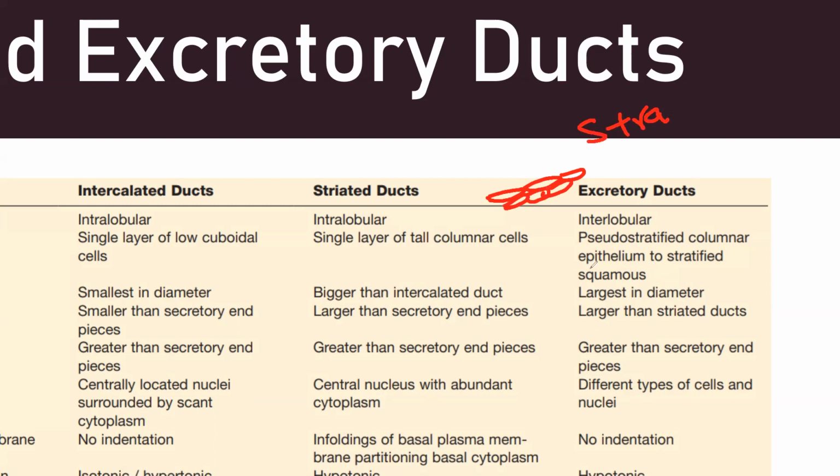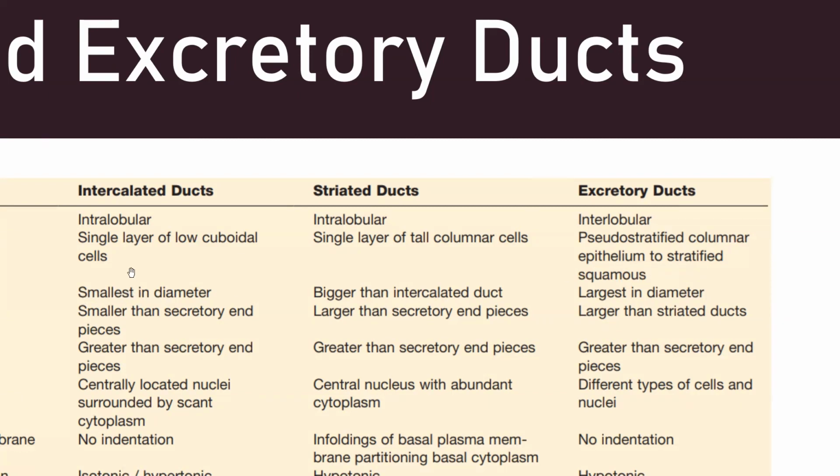But if it is actually not stratified but gives the resemblance of stratified, we call it pseudo-stratified. Pseudo-stratified columnar means tall cells. The epithelium goes up to stratified squamous. From there to there, anything will be there.